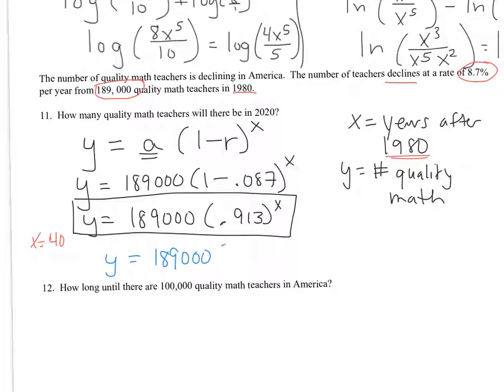So 189,000 times 0.913 to the 40. And if I put that in the calculator, I get 4957.8, we'll just say 4958 quality math teachers.